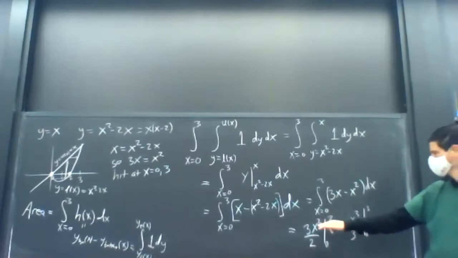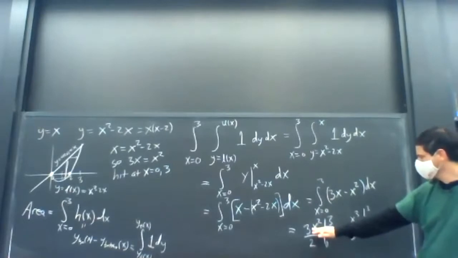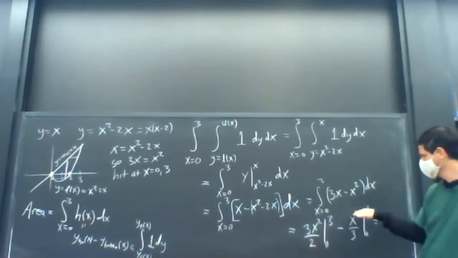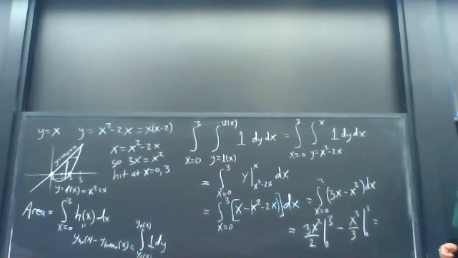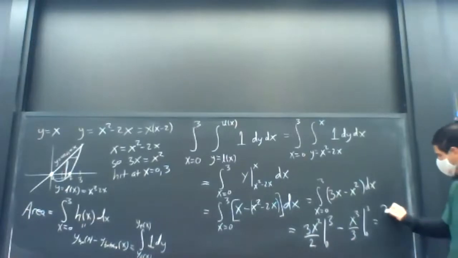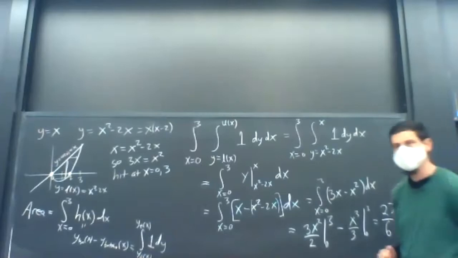And so I'll get 27 halves minus 27 thirds would be 27 sixths. When you do the algebra, and if I reduce, 3 goes into that 9, and 2 goes into that 2, which does equal the answer as well.